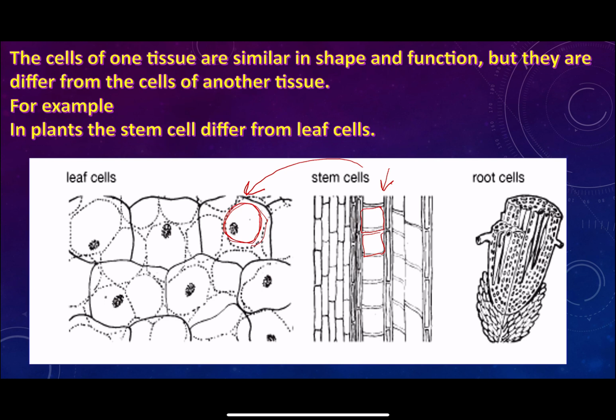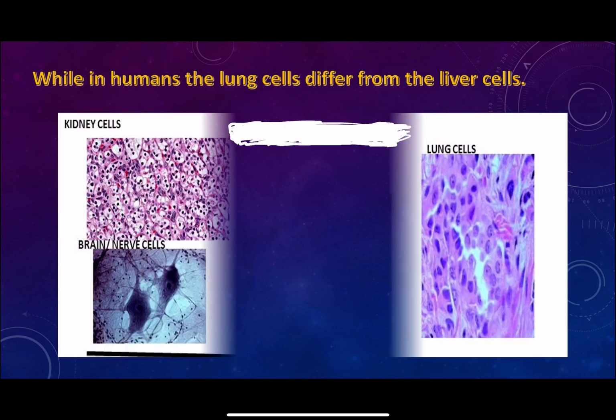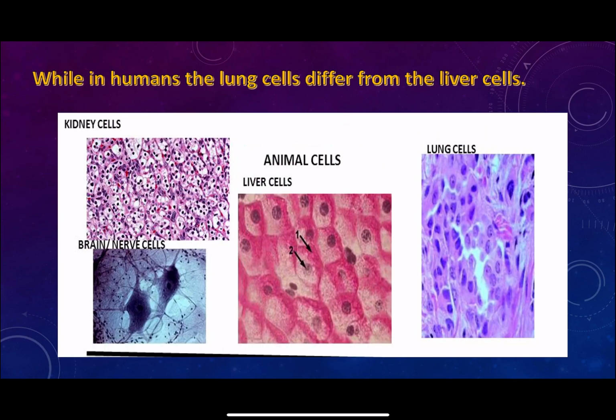I hope you got it. And I will give you another example to make you understand. Also in humans, the lung cells differ from the liver cells, and they are different from the kidney cells and the brain or nerve cells.